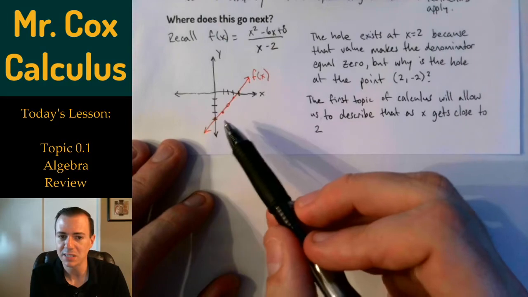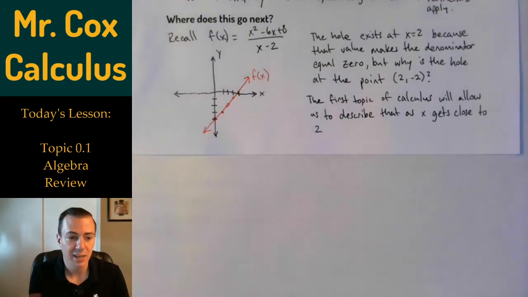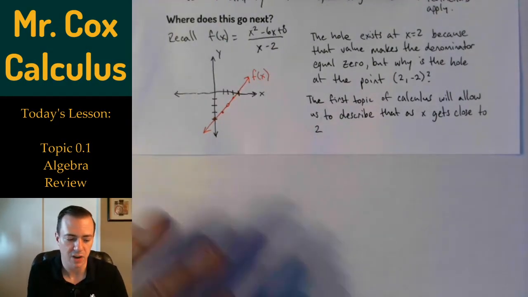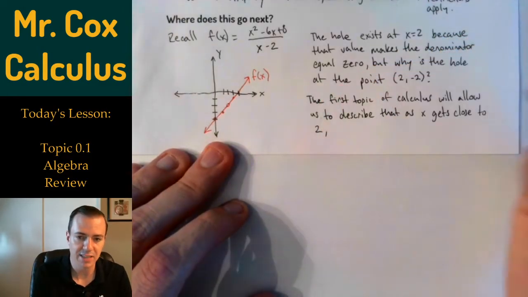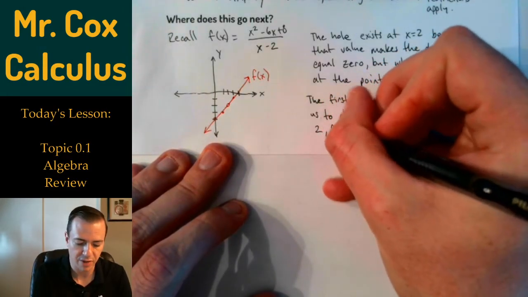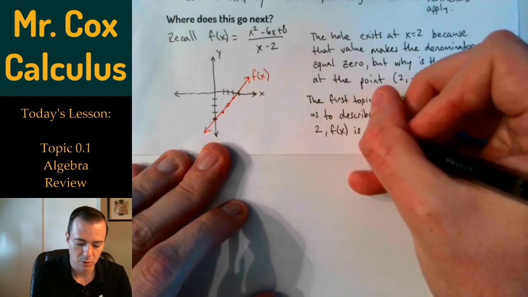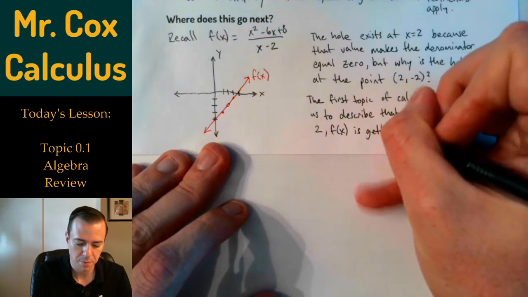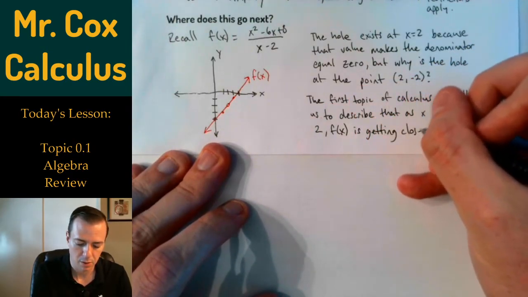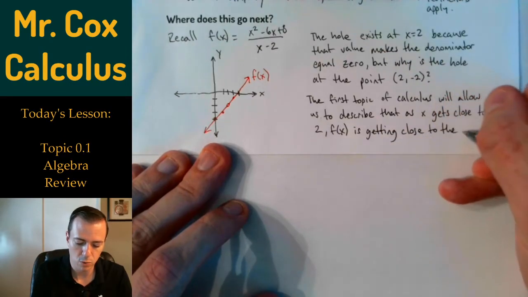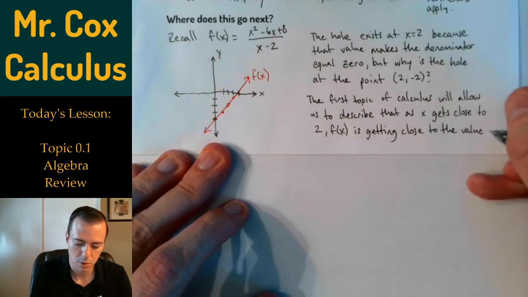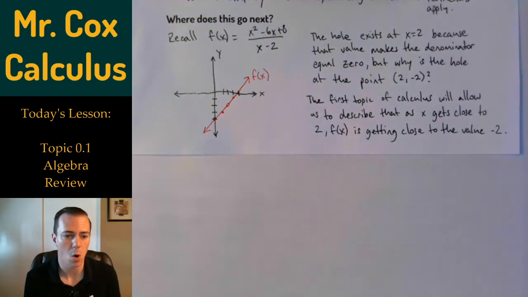Well, as x was getting closer to 2, and again, for a linear function, I was following its slope, but we knew as x was getting close to 2, f of x was getting close to the value -2. And that's why our hole is where it is.